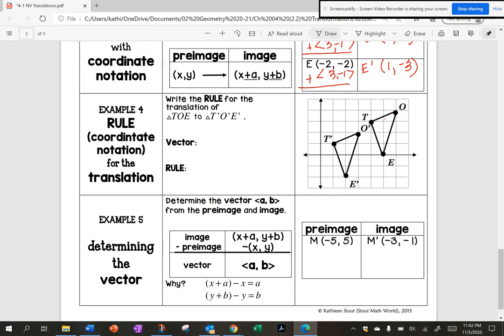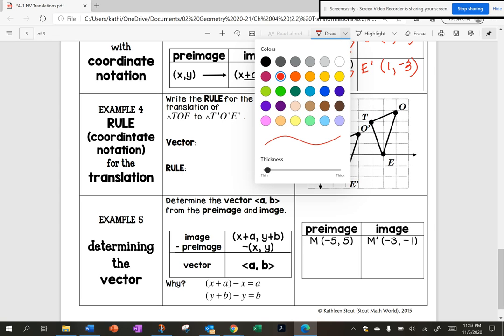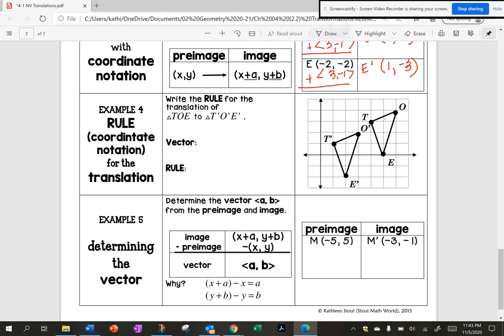Okay, so if I'm given the image and the pre-image, I also want to know, how do I write the rule? And I want to write it in vector notation and coordinate rule notation. So first I want to decide which one is the pre-image and which one is the image.